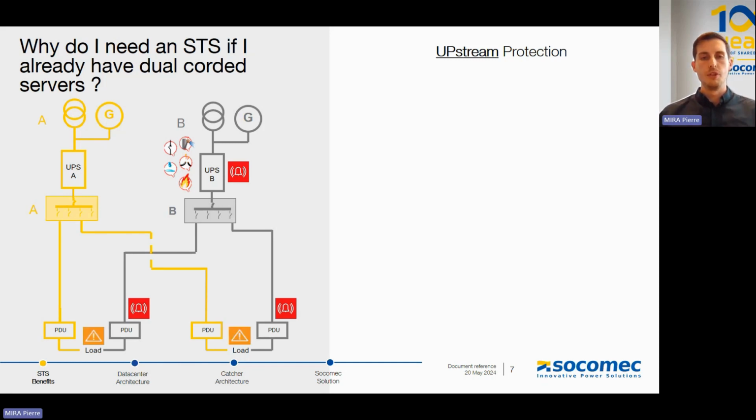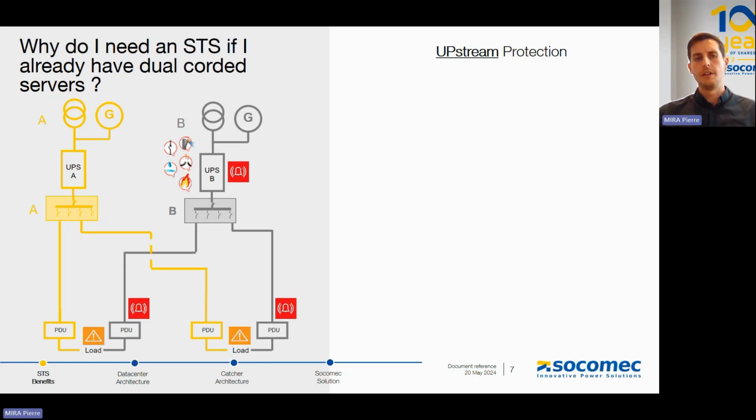And the load, which must be powered on the secondary side, on the path B side by the PDU, will not be powered. So the load, being the servers, will have an alarm, and the customer using the load will be notified that there is an issue in the architecture. There is a fault, and the load gets an alarm because of this fault. So the server has an alarm because we lost the PDU. And why did we lose the PDU? Because we lost the UPS.